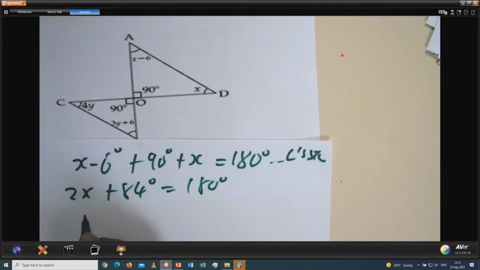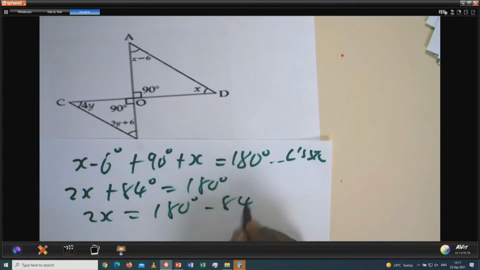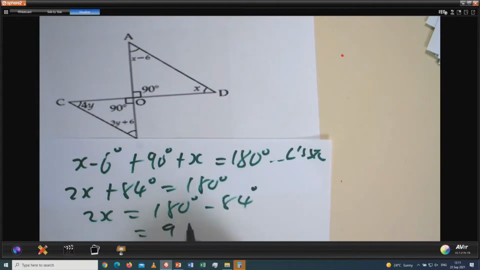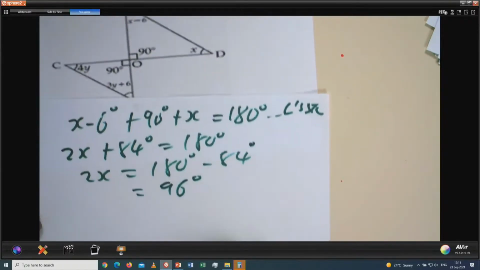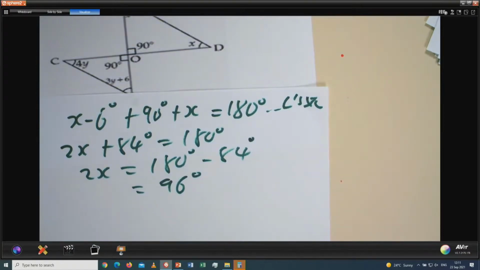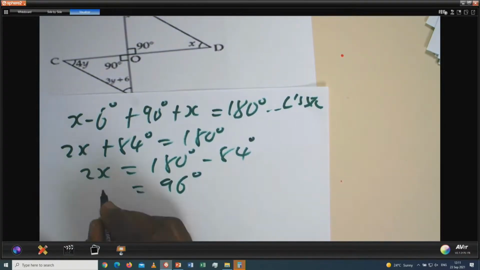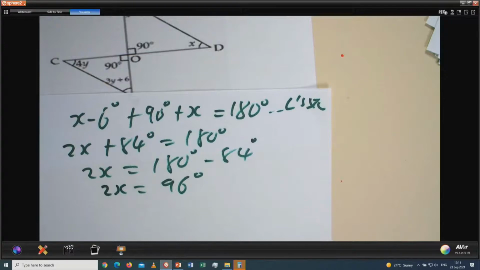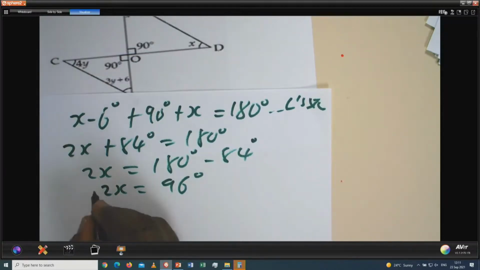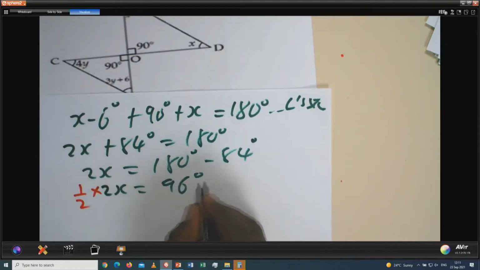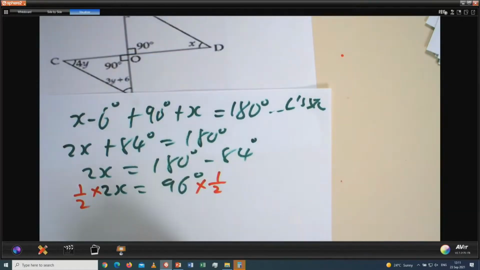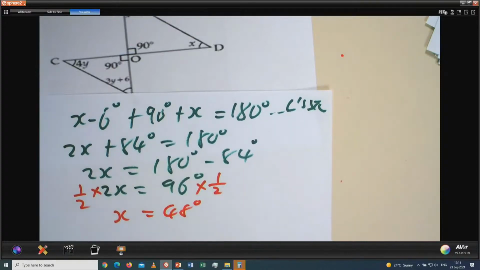Right? 2x will be equal to 180 minus 84, which will give you 96 degrees. 2x equals 96 degrees. Remember, we are interested in x. We are going to multiply with an inverse of 2. We do it both sides, and then your x will be 48 degrees.